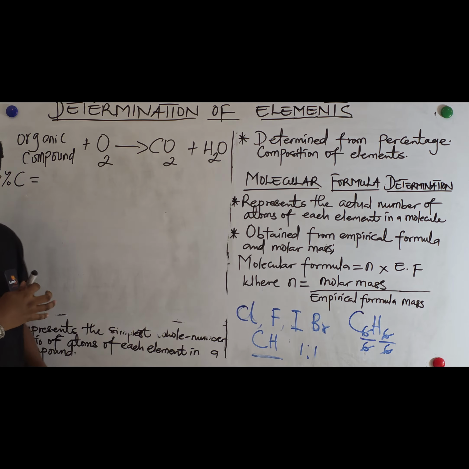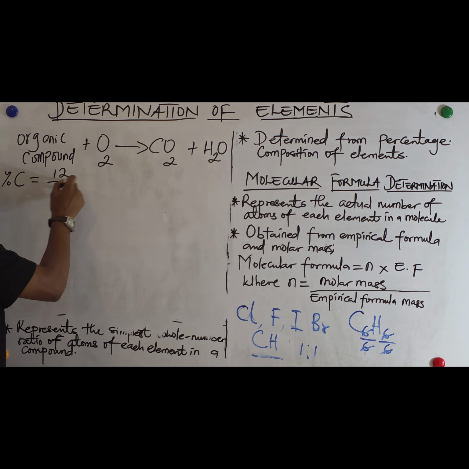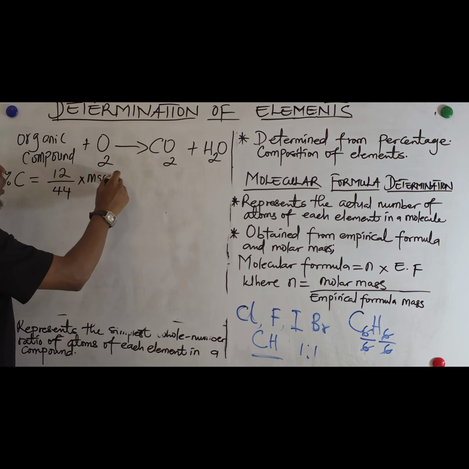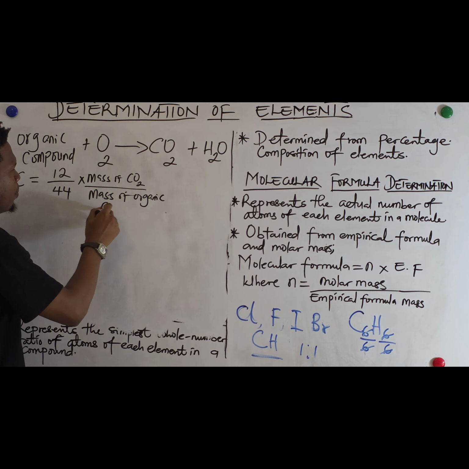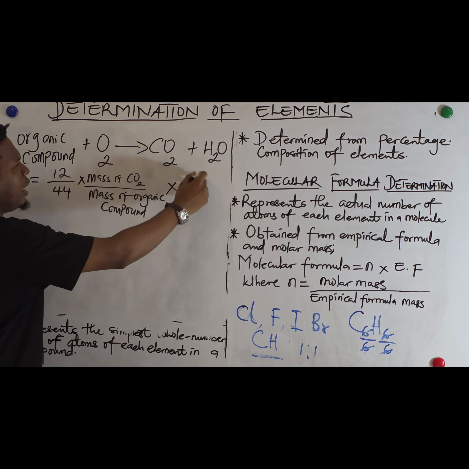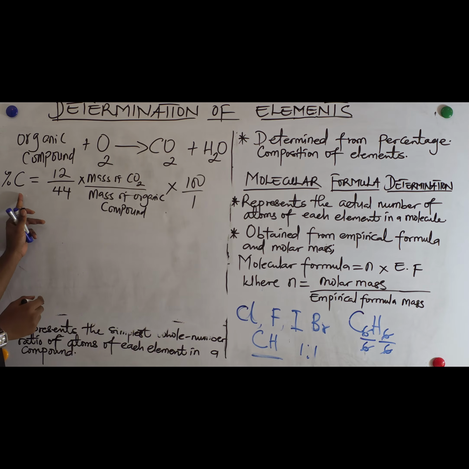So how do we find it mathematically? The percentage of carbon is 12/44 times the mass of CO2 produced, all over the mass of the organic compound, times 100/1. With this I can get the percentage of carbon.